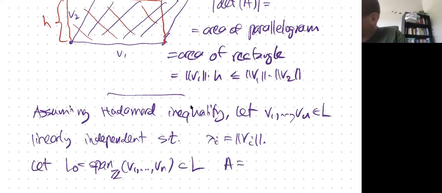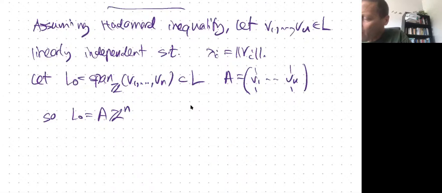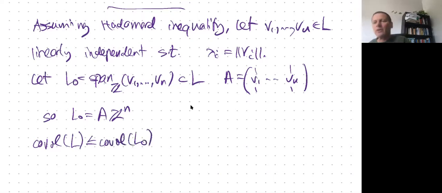Let A be the matrix that you get by making these VIs the columns of A. And so L0 is A times Zn. And so the covolume of L0 is bounded below by the covolume of L, right?